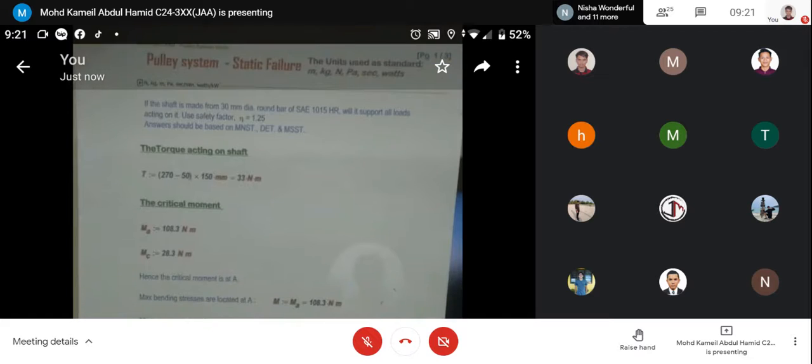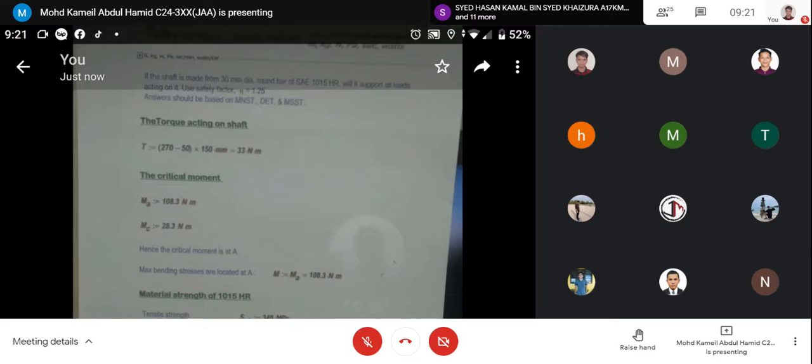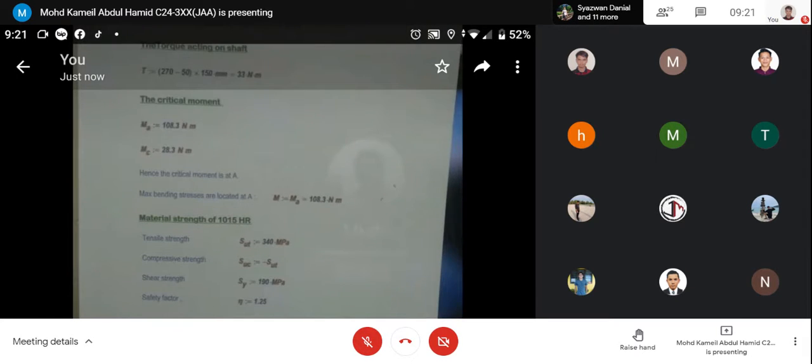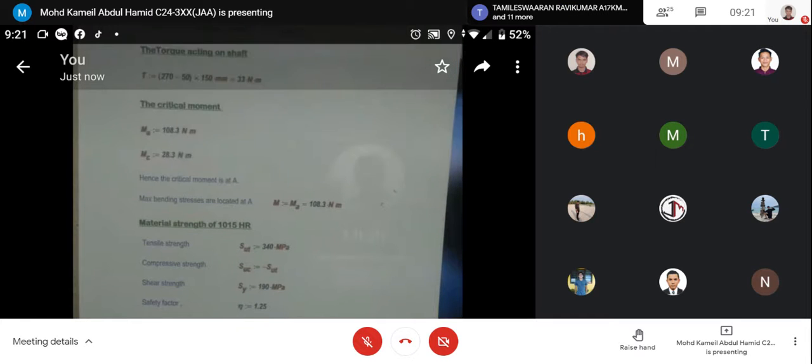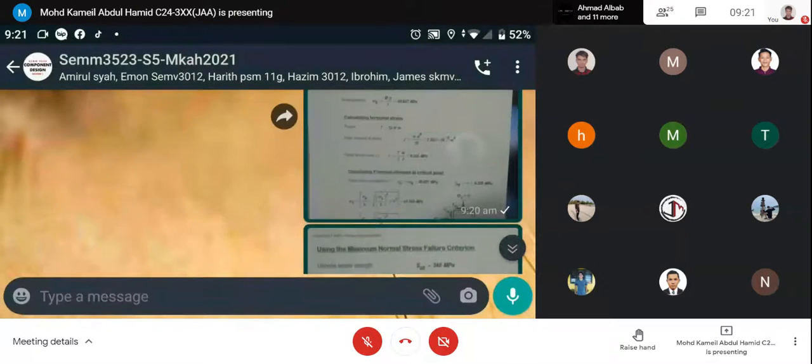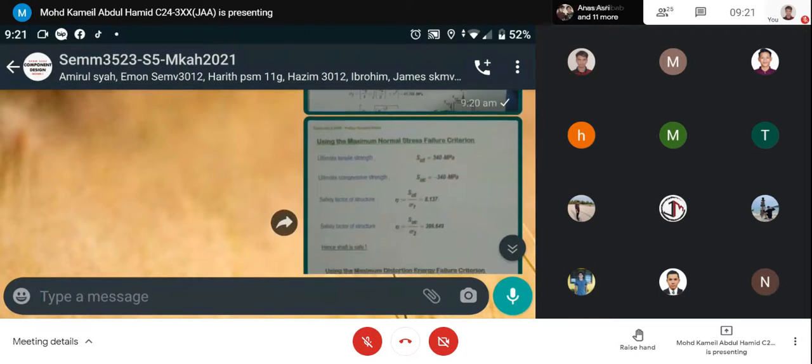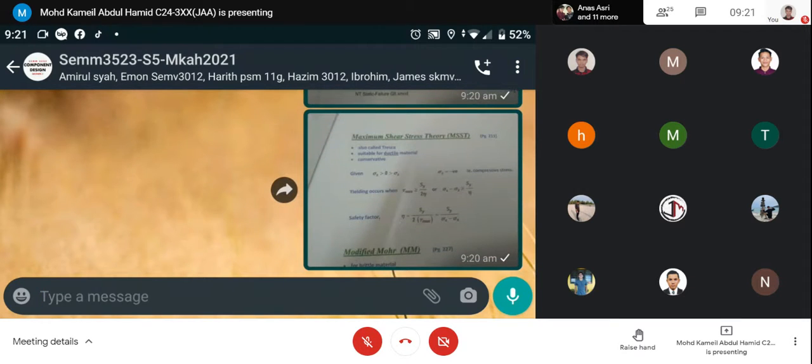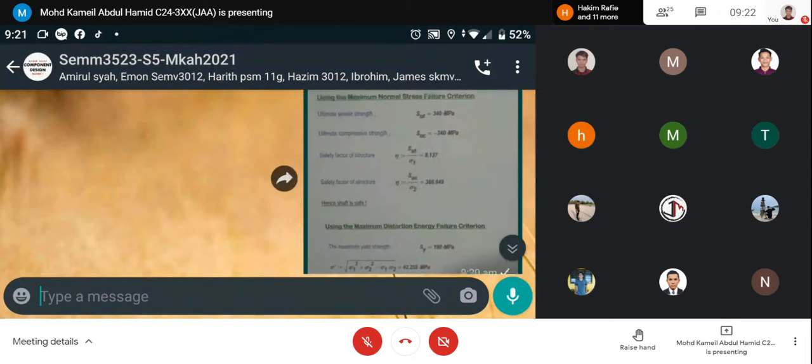Okay, kemudian critical moment, MAMC. Mana MAMC ni? Kita klik dulu. Mana saya tak share ni. Okay, sini pun. Ni saya tak dapat.